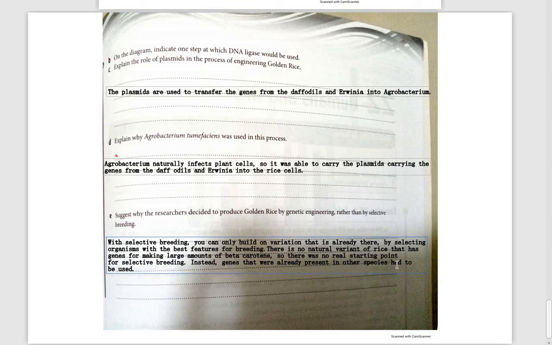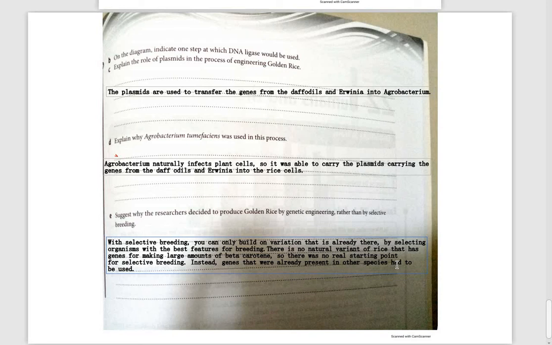So basically, in simple words, the amount of beta-carotene present in rice plants is really small. Selective breeding is more like using the best characteristics that are already present in nature.